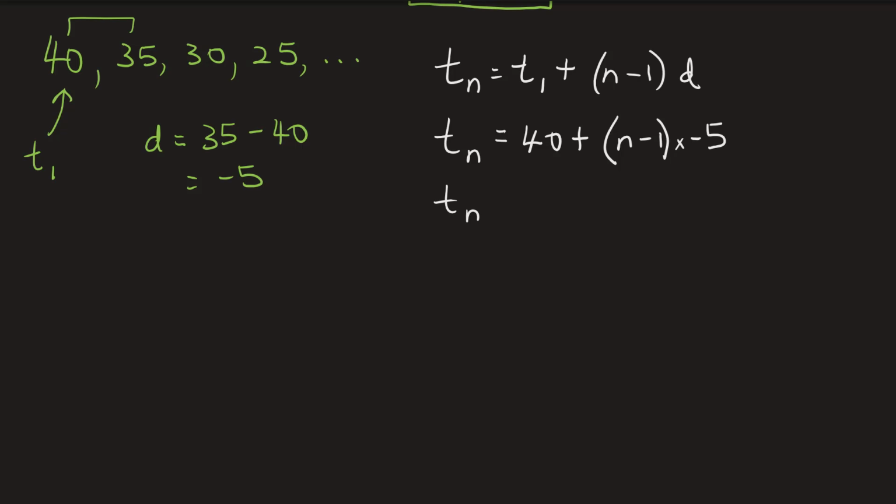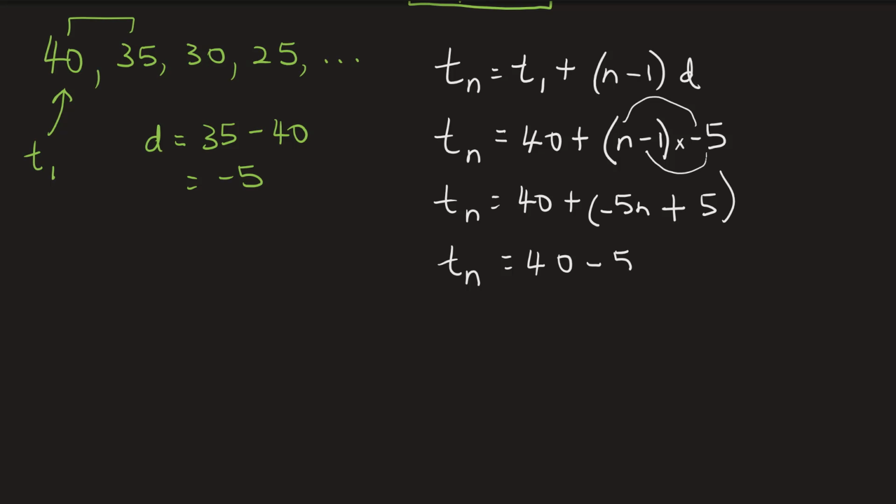Tn is equal to 40 plus negative 5 times n is negative 5n. Negative 5 times negative 1 is plus 5. And tidying up, we get Tn is equal to 40 minus 5n plus 5.